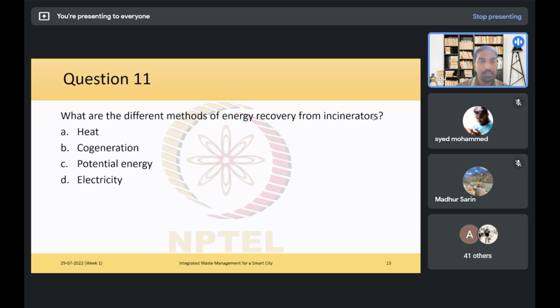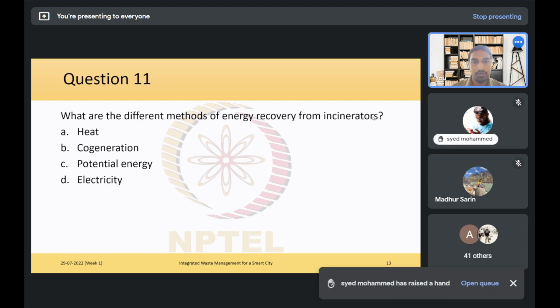When we only produce electricity, some heat is going to be lost, that we are not going to be using. In cogeneration, we try to use all the energy that is being generated. The residual heat that is left will also be used, and the electricity generated from it will also be used. So we are minimizing the amount of energy that is lost from these incinerators.